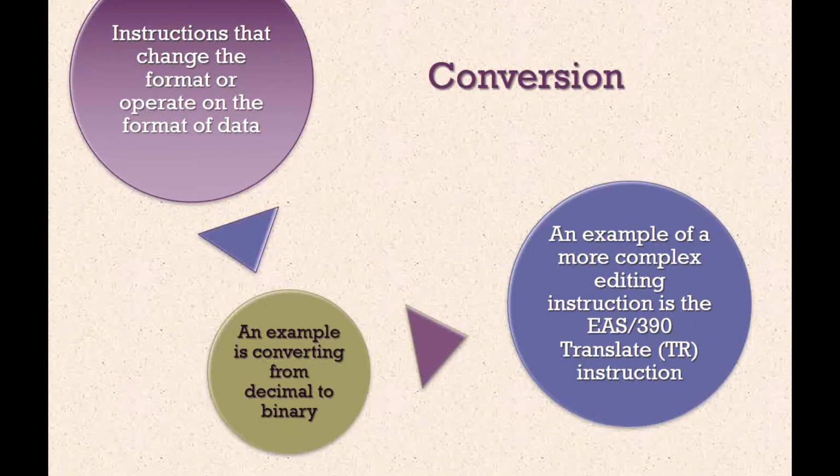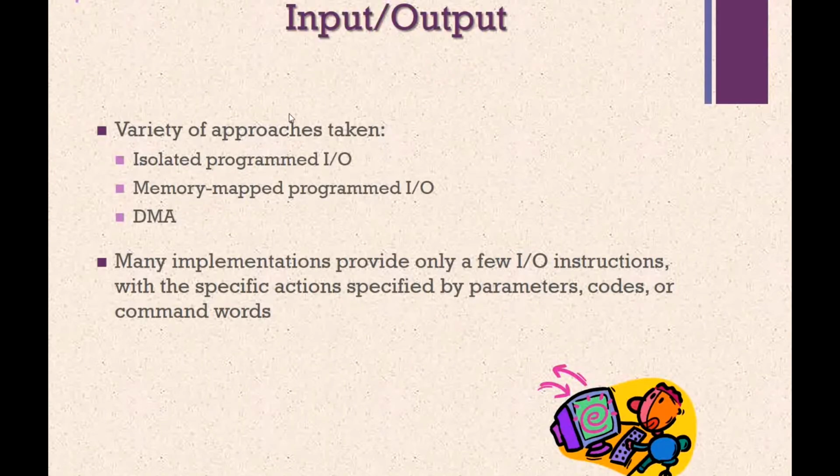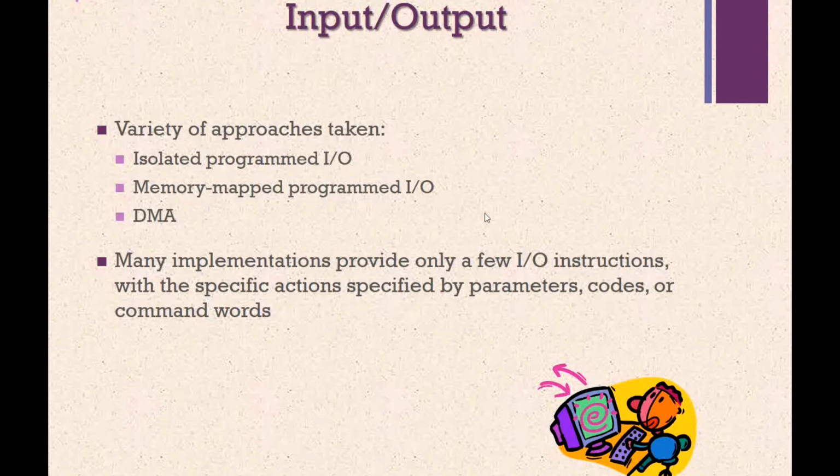There are some examples of complex editing instructions, with different varieties of operators, like isolated program IO, memory mapped IO, and important things like DMA, direct memory access. Many implementations provide only a few IO instructions, with the specific action specified by parameters, codes, or command words.